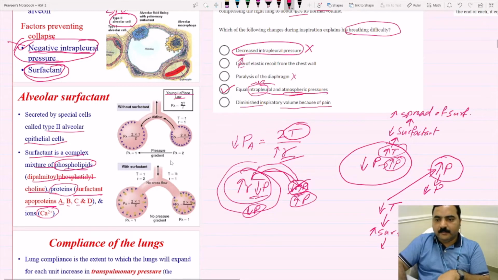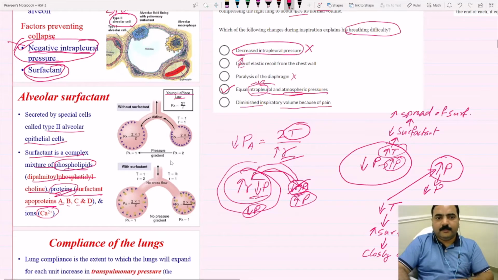That means it will be closely spread; the surfactant will be very closely arranged in the small alveolus. This spread of the surfactant, and the close arrangement of the surfactant, is mainly caused by the surfactant proteins A, B, C, D, those ones.